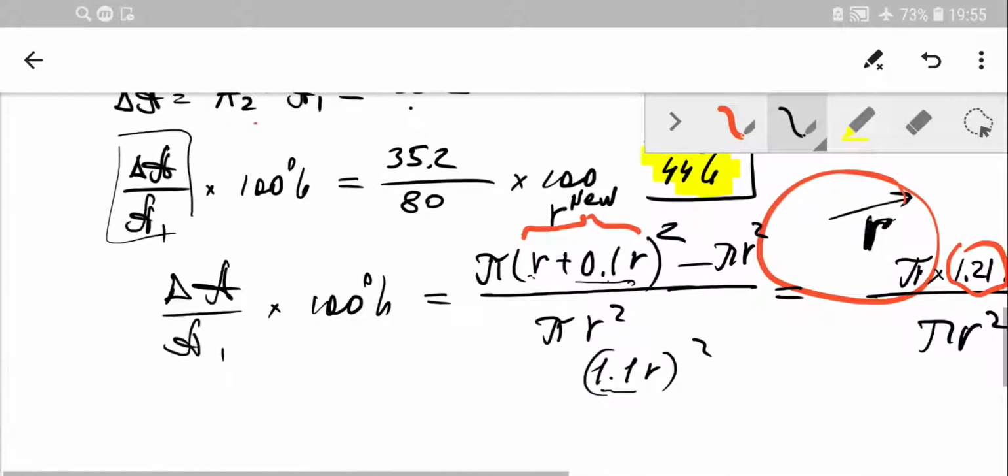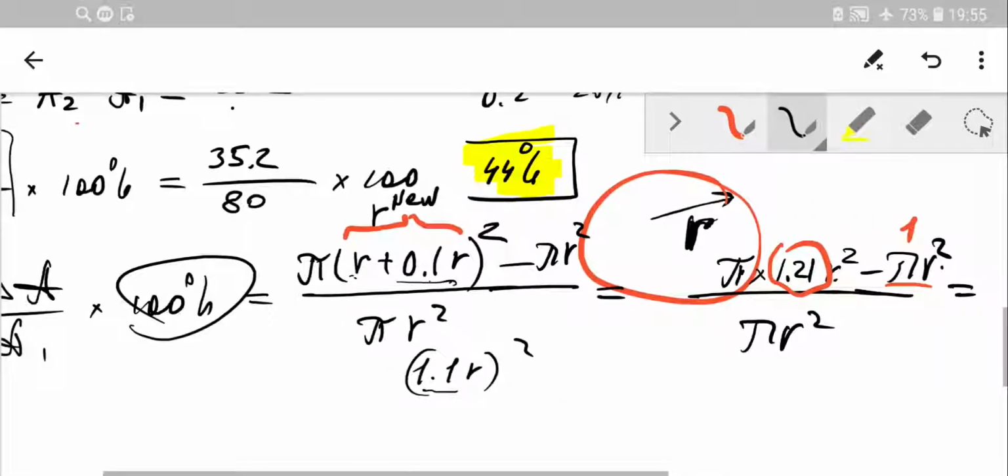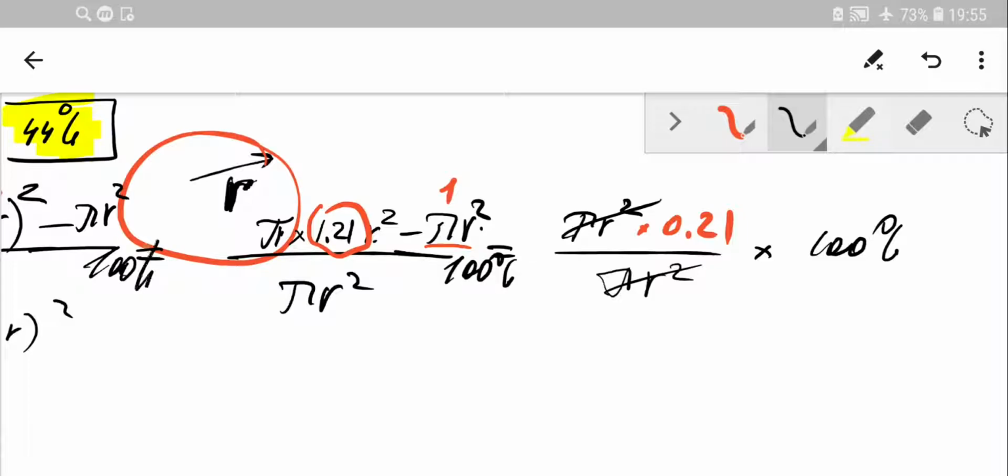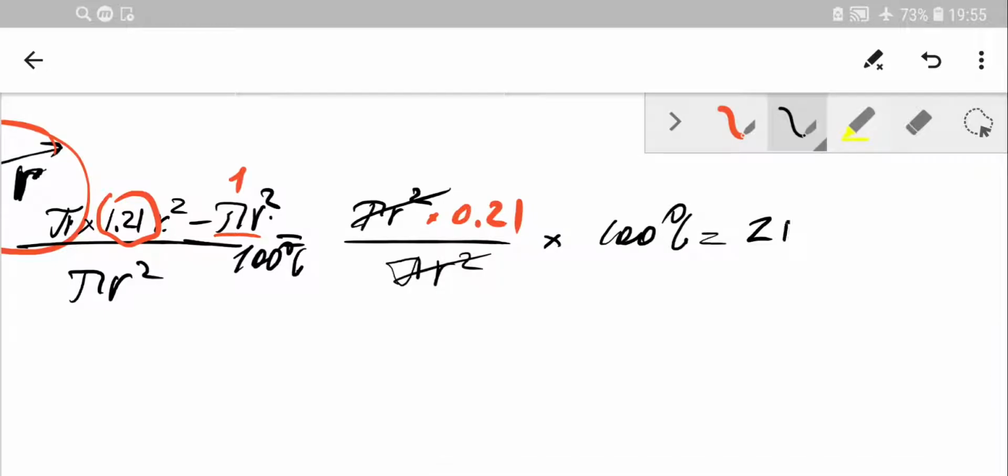And now I need to multiply by 100. I didn't multiply anywhere, so it's the right time to do it. It should be everywhere to have a correct equality. So we multiply by 100 and we'll get just 21% increase.